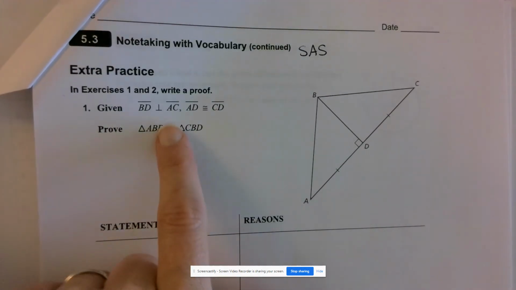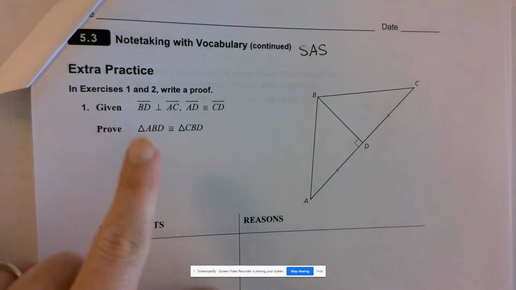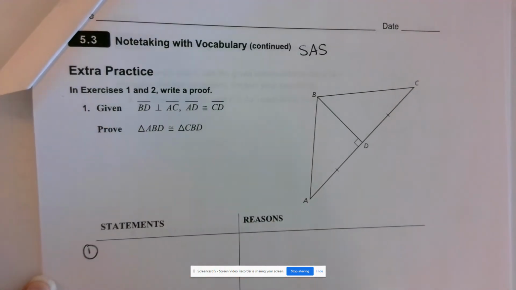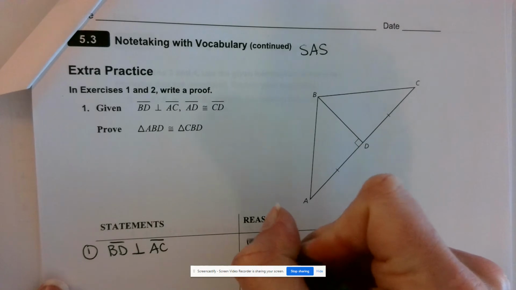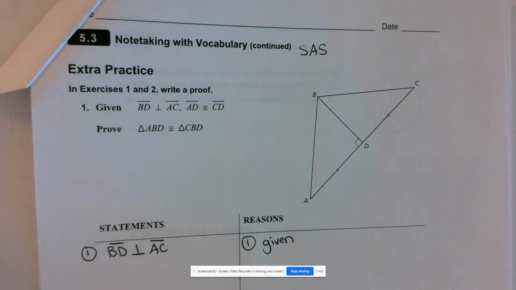So first, let's go ahead and put the givens in our proof and make sure they're labeled in our picture. So first, they tell us that line segment BD is perpendicular to line segment AC. And that is given. And you can see in the picture where this is.